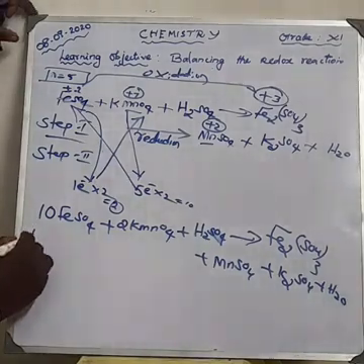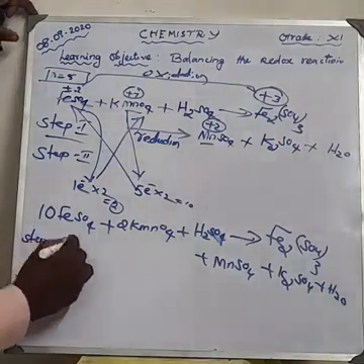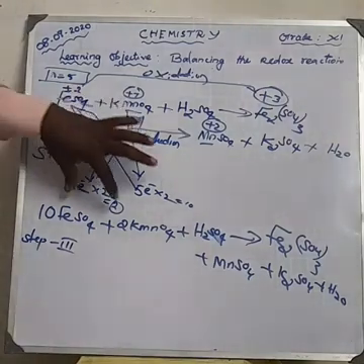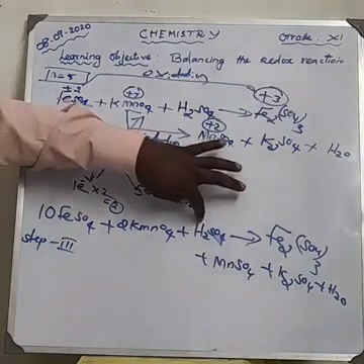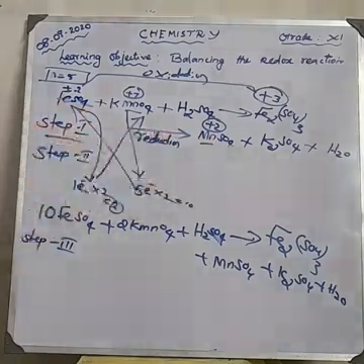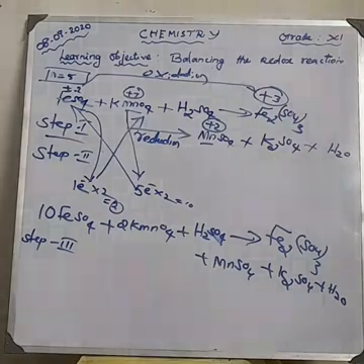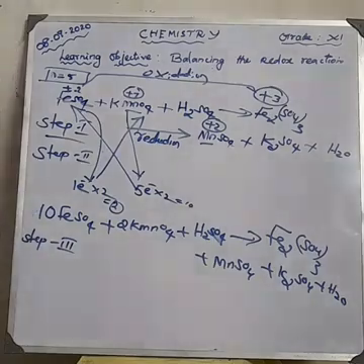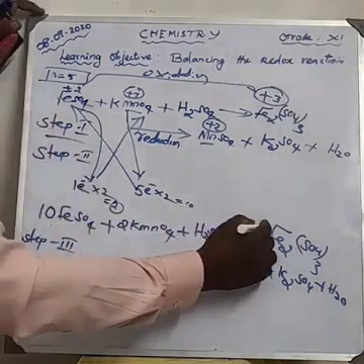Step 3. Based on the reactant side, you should balance the product side. Okay, here how much Fe is present? Here having 2, so make it 5.